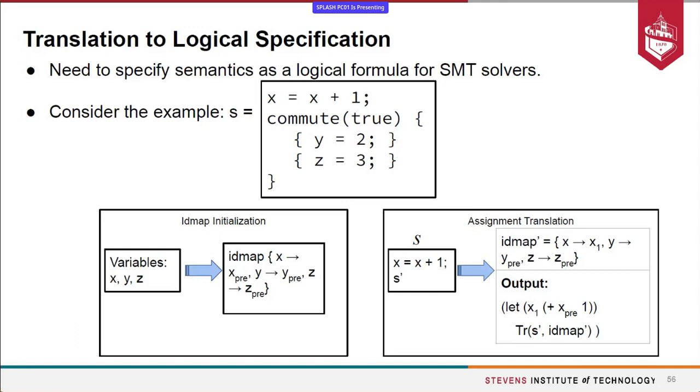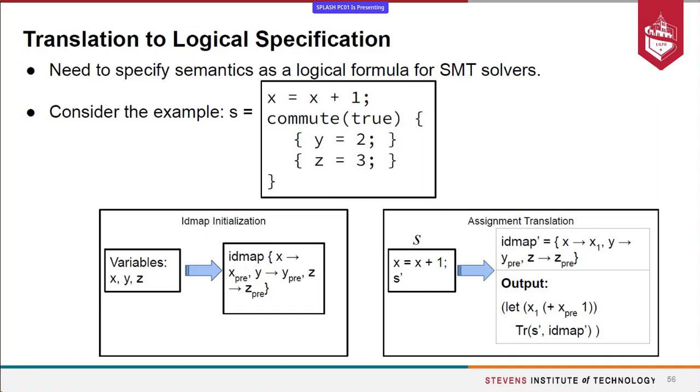So let's consider this example where we increment X, and then we have a commute statement that just does some simple assignments. When we start our translation, we're going to initialize this ID map, which maps all the names of our program variables to what you can think of as the current state of that variable during the translation. They're all going to start at the pre-state of the variable in our method specification.